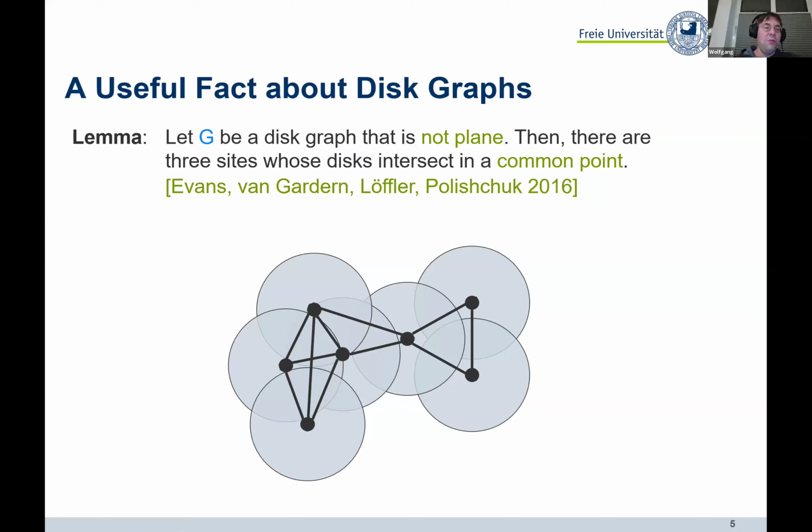If there's an edge between two disks, I draw a straight line segment between them, and otherwise not. Then I get an embedded graph, a geometric graph in the plane. And if this graph is not plane, that is, if there are two edges that cross, then you can prove that there have to be three disks in the disk graph that intersect in a common point. So that's a simple geometric fact.